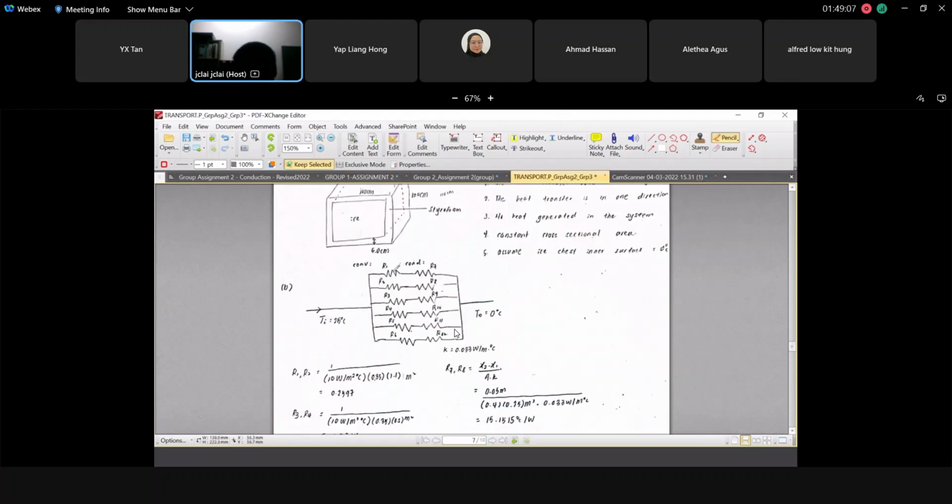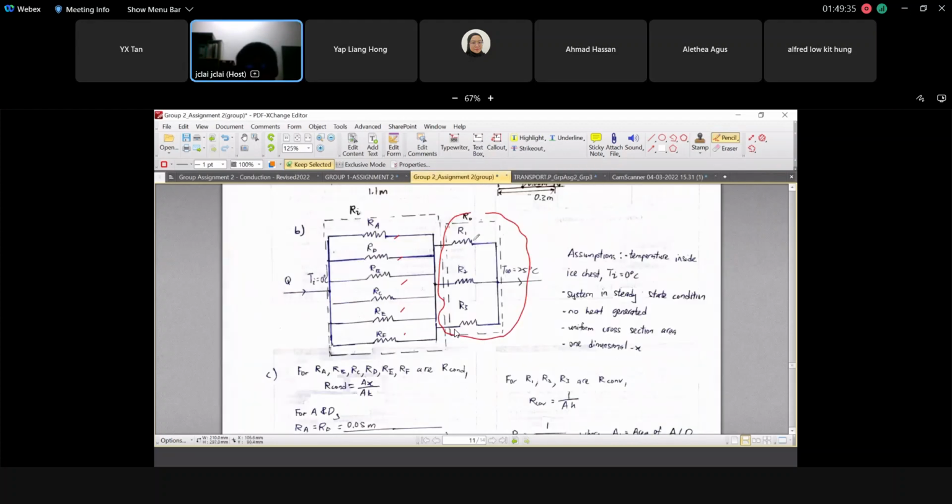Group 3, this circuit diagram is also correct. But if we want to go to the very fundamental, actually group 3's circuit diagram is more accurate, I would say.